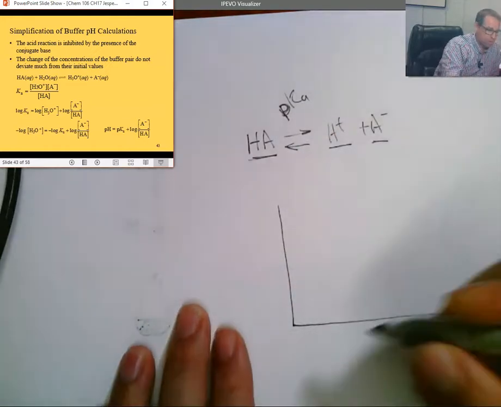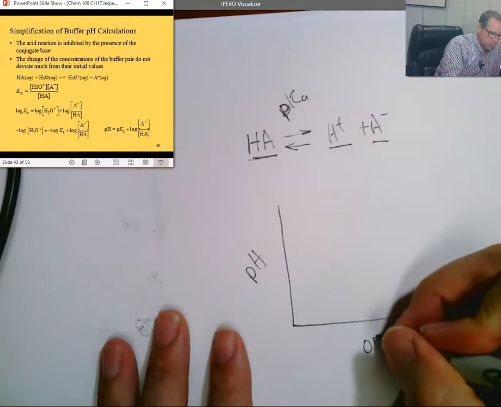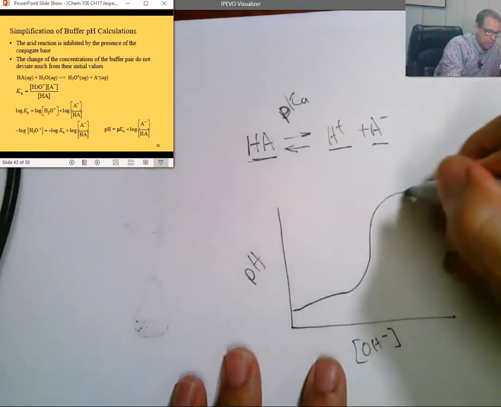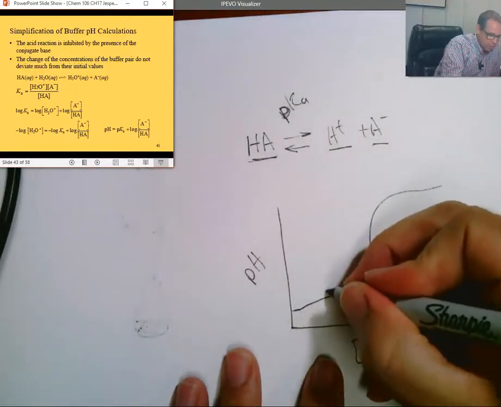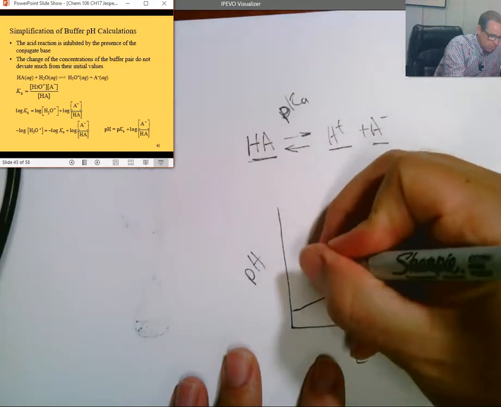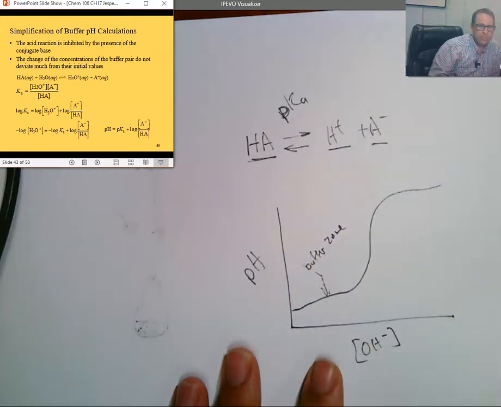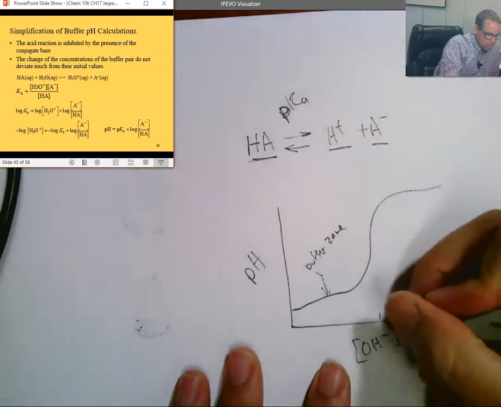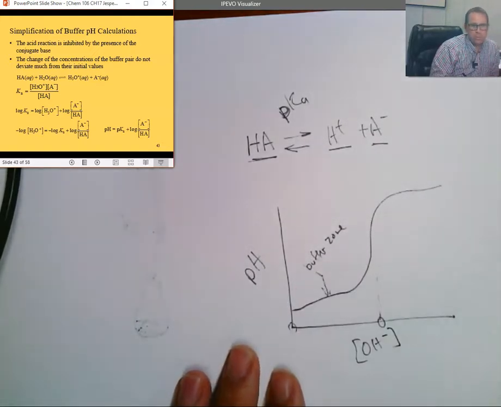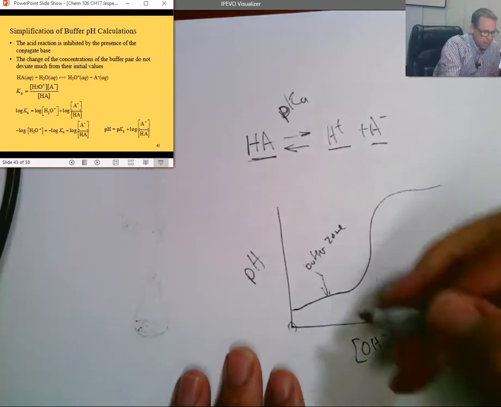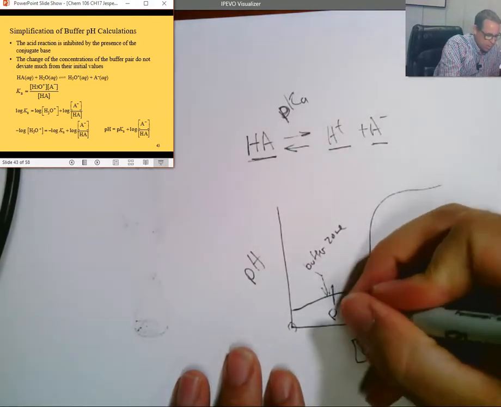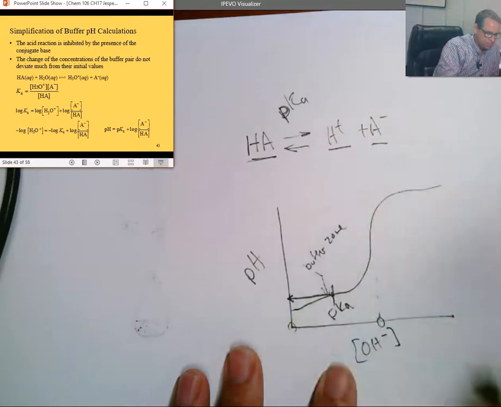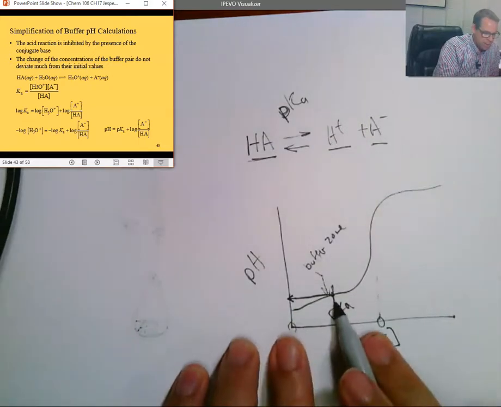For a titration curve, the pH versus, again, adding base, the titration curve will look like this. And we'll have this region right here, which we called the buffer zone. When we're exactly right between those two, we'll be at what we call the pKa, or the special pH in which half of our acid has been dissociated.